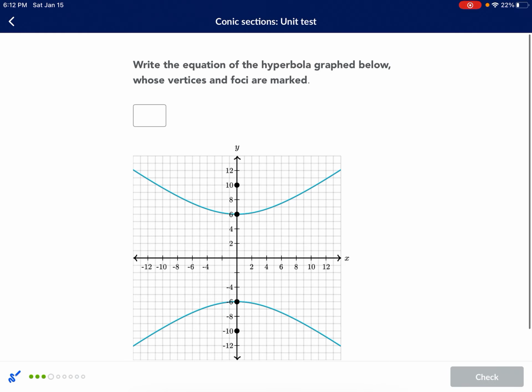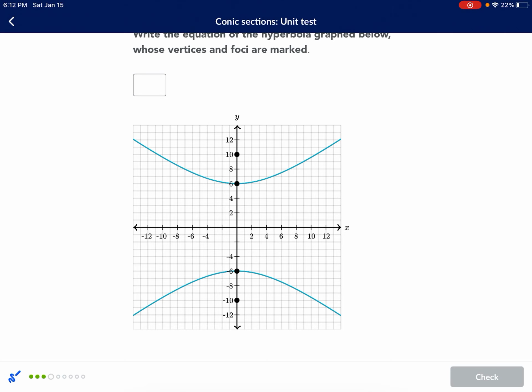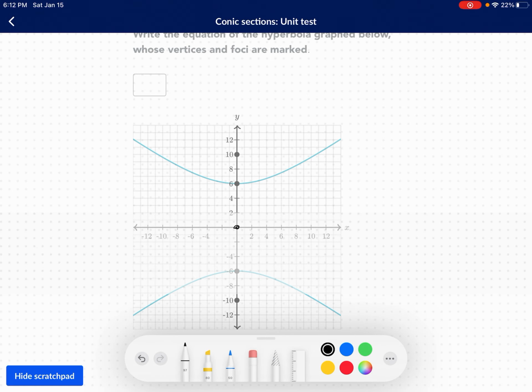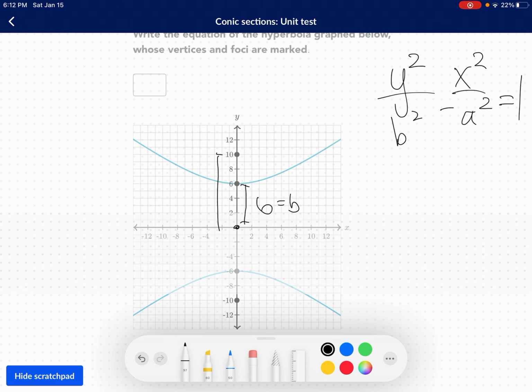Nice. Write the equation. From here, this is 6 and that is b. I'll use y squared over b squared minus x squared over a squared equals 1, and not x squared first, because it's pointing to the top and bottom. So the 6 represents b, and 10 represents the focus. f squared equals a squared plus b squared.